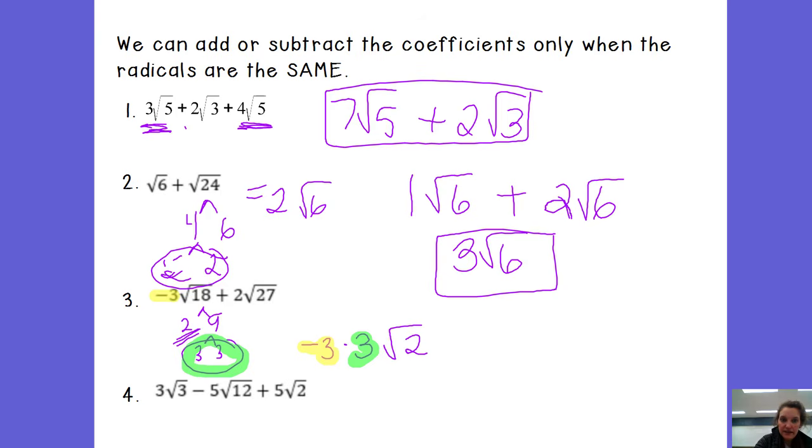So that's going to give me negative 9 root 2. Okay, then I'm going to do the same thing with 27. 27 is 3 times 9. 9 is 3 times 3. So I got a pair of 3's. I'm going to bring the 3 out front. I already have the 2. So it's going to be 2 times 3 root 3, which is 6 root 3.